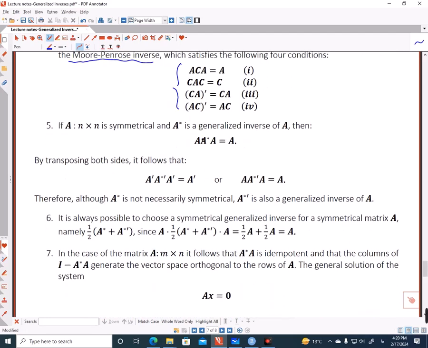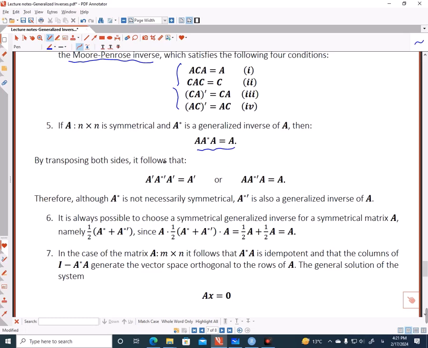Another result: if A is n by n and symmetrical, and A star is a generalized inverse of A, we can conclude that AA*A = A. Now you can transpose both sides. If I transpose this side, then I have A prime, A star prime, A prime, and the right hand side is A prime.